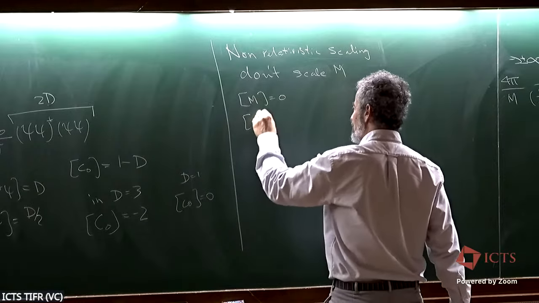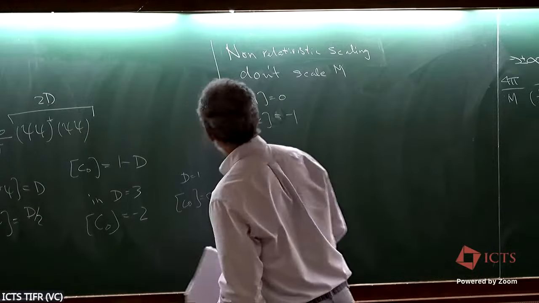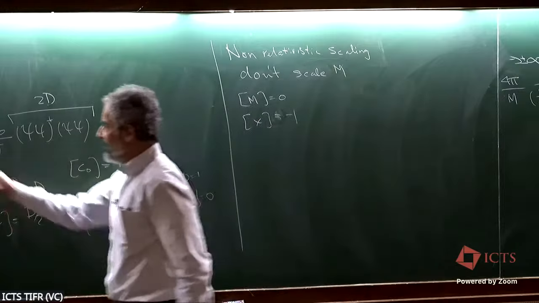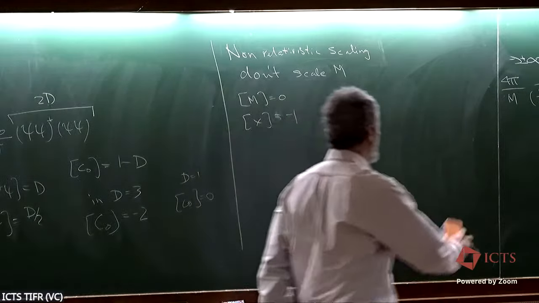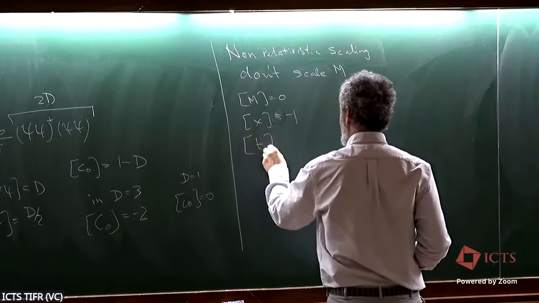Then if we take [x] = -1, you see from the kinetic term, if this now has dimension 2 and m doesn't scale, then this must also have dimension 2. So we must take that [t] has dimension -2.